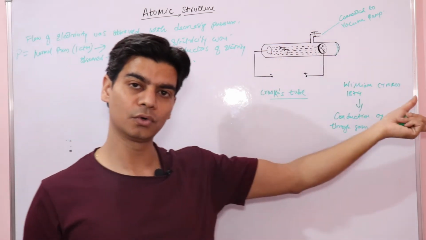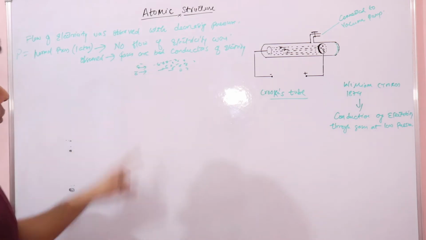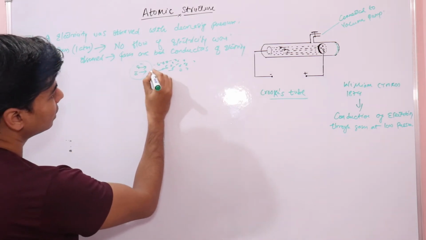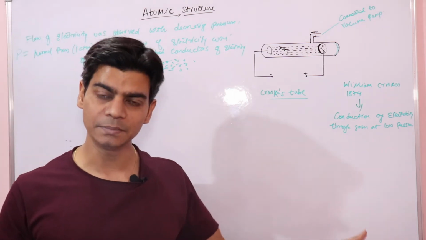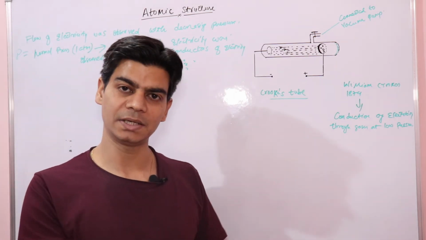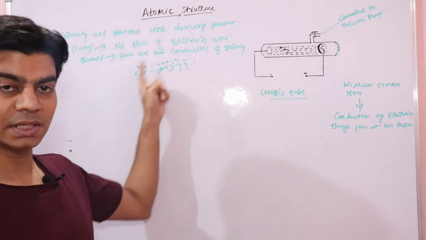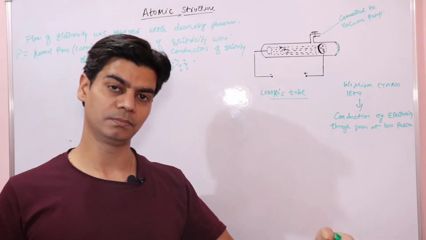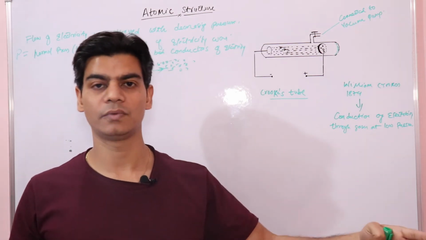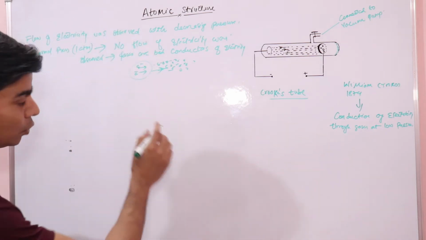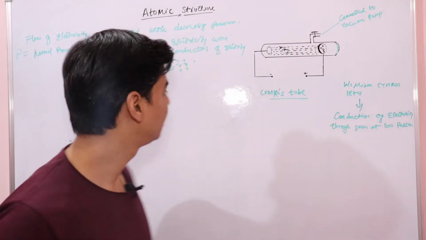Very little or no flow of electrons at high pressure, because these electrons collided with the gas molecules or gas atoms, and hence the gas atoms were providing hindrance in the motion of electrons. So no motion of electrons means no flow of electricity. This was the reason.